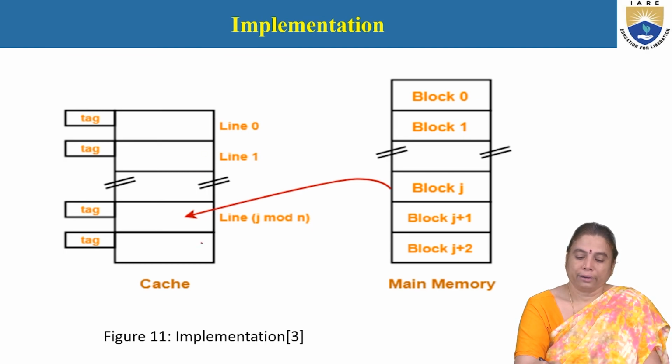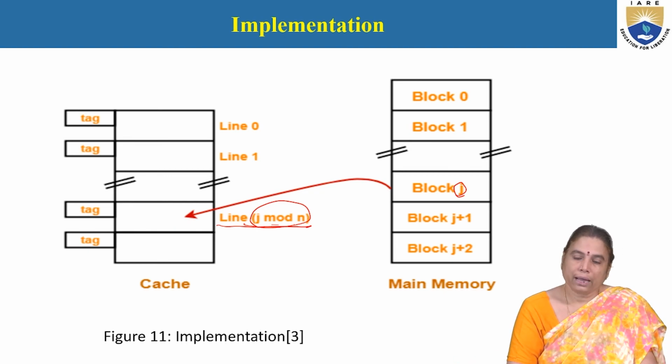Each line is associated with an address tag. So how can the line be identified? For example, block j has to be mapped to a line of the cache. So j mod the number of lines in the cache, n, identifies the line, so that this block can be mapped directly to the line of the cache.